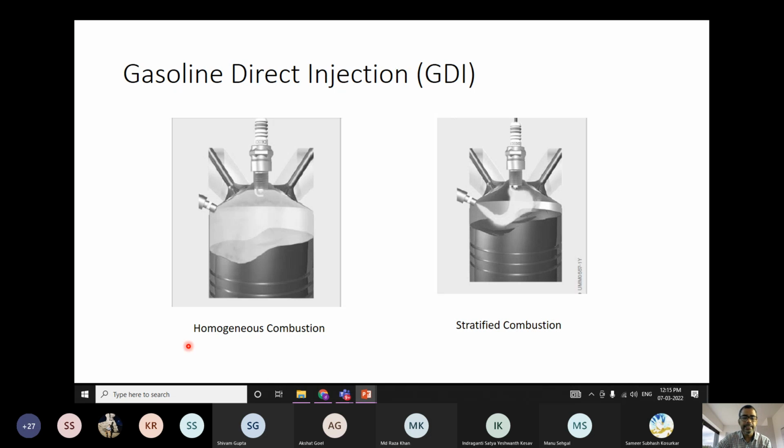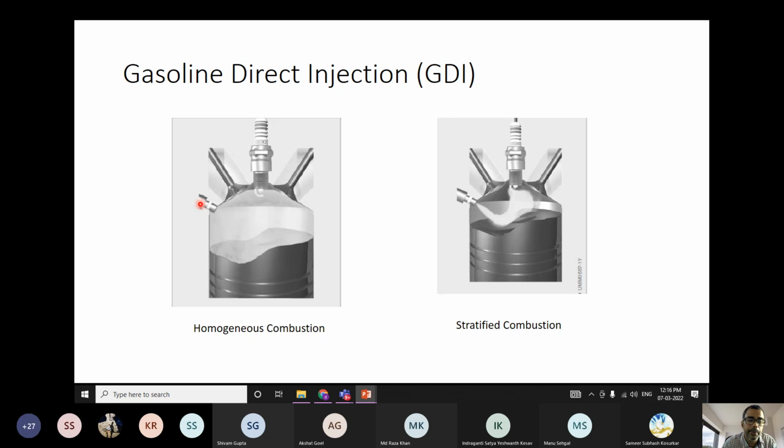So the basic thing is that in homogeneous combustion mode, the fuel injection takes place in the intake stroke itself. Whether it takes place in the intake stroke or in the beginning of the compression stroke depends upon the optimization of the engine, or what the optimum fuel injection timing is. Here, fuel injection timing is a very critical parameter, even though it is a liquid fuel.